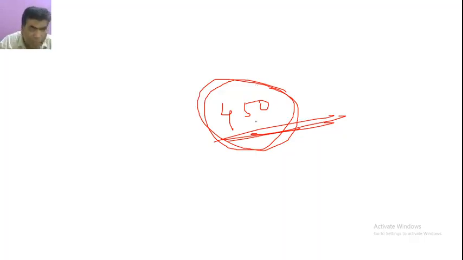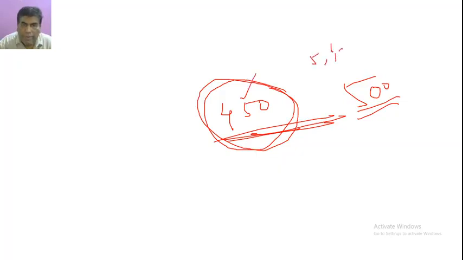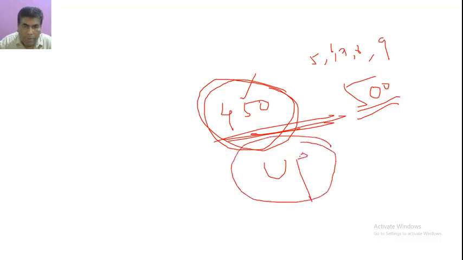Very good. 500 is the correct answer. Why? Because in the tens place we have 5. If we have 5, 6, 7, 8, 9 in the tens place, we have to round it up. So 500 is the right answer.